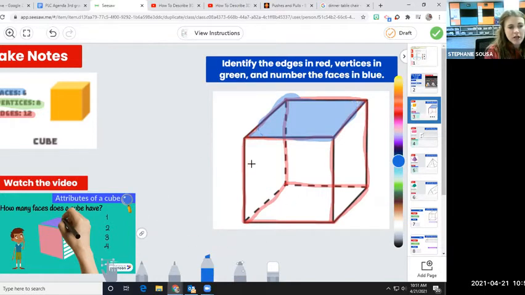Then we're going to shade the front face. So that's one face. Here's the second face on the front. You got to kind of use your mind's eye here to move the shape in your brain so that you can trace each or shade each face. We've got the top, we've got the front.